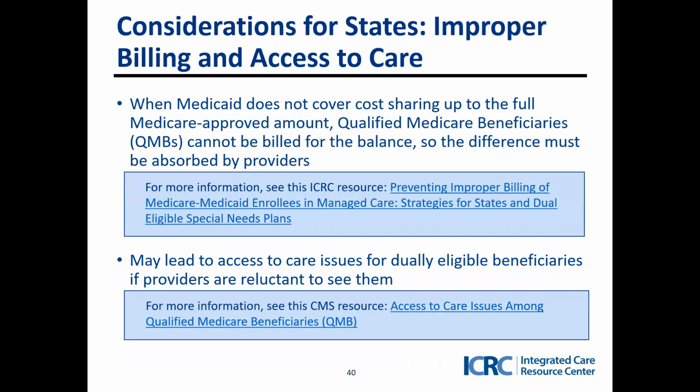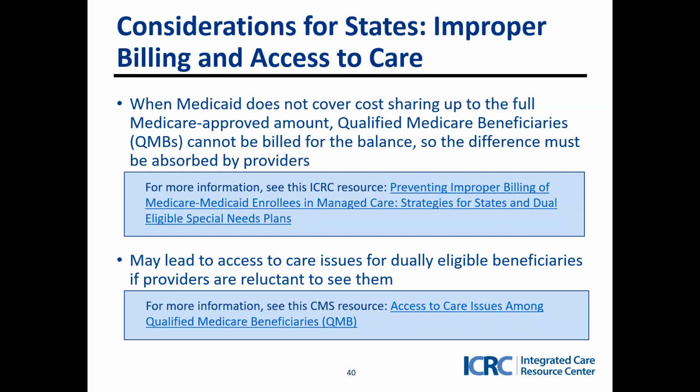So when Medicaid doesn't cover cost sharing up to the full Medicare approved amount, meaning that the state is using a lesser of payment policy, QMBs cannot be billed for the balance, which means that the difference has to be absorbed by providers. This can then lead to access to care issues if providers are reluctant to treat those beneficiaries.